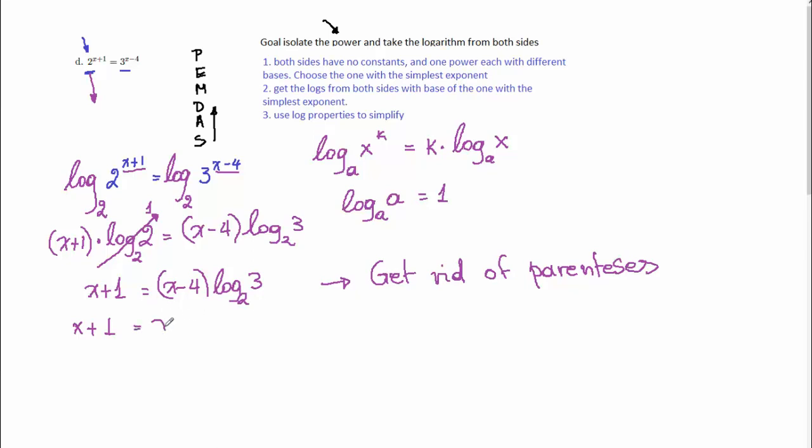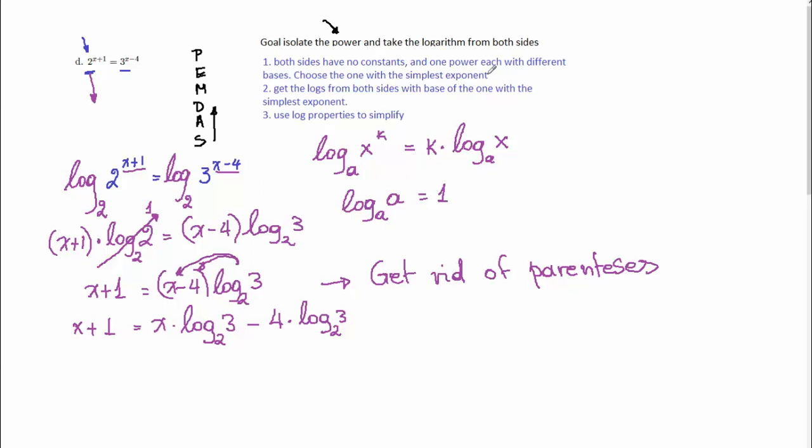And this is going to be x times log with base 2 of 3 minus 4 times log with base 2 of 3 again. Now remember, I need to distribute the log to both terms inside my parentheses.